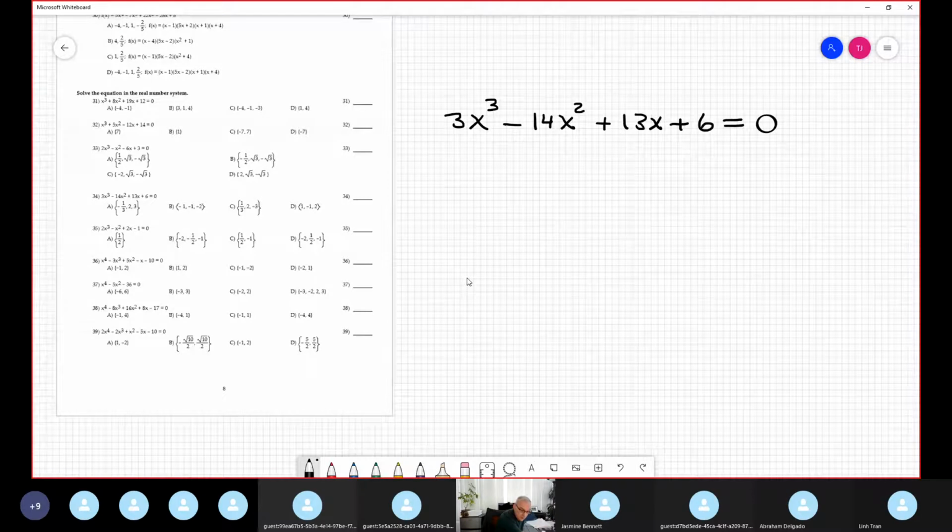We're doing 34, no? I saw 3 real roots, 2 positive and 1 negative. Let's switch into this one.